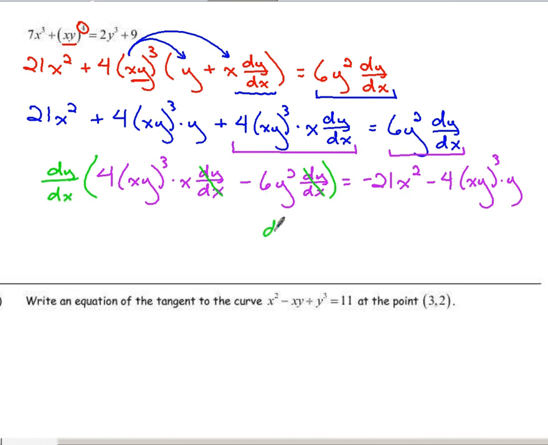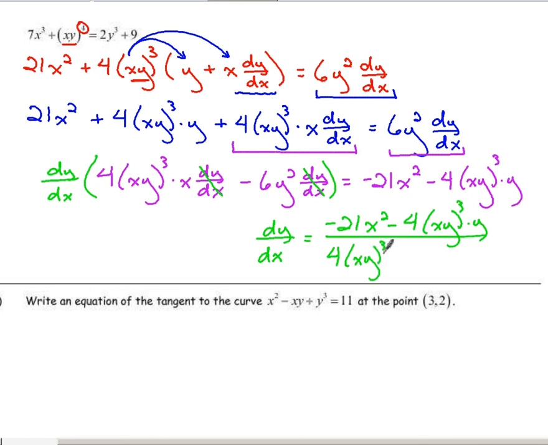Solving for dy/dx, you've got the negative 21x squared minus the 4 times the quantity xy cubed times y, all divided by my leftovers: 4 times the quantity xy cubed times x minus 6y squared.